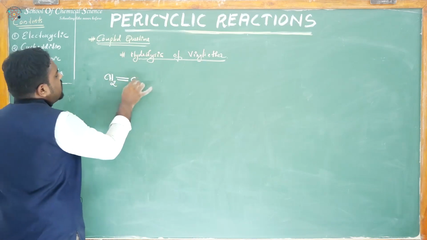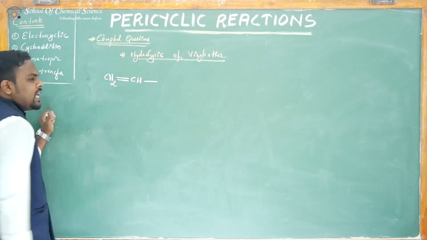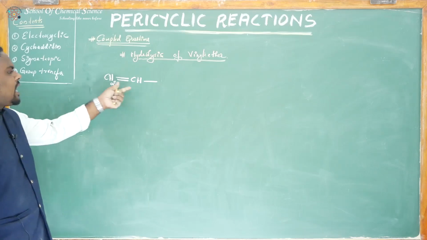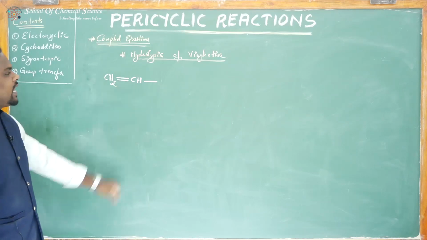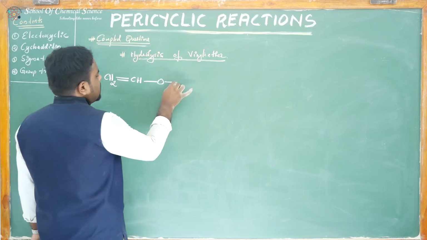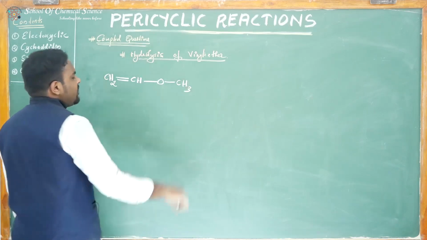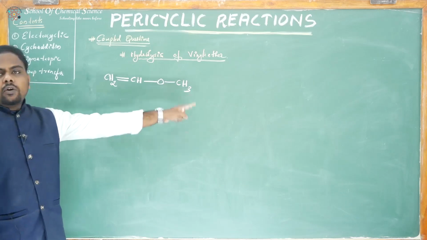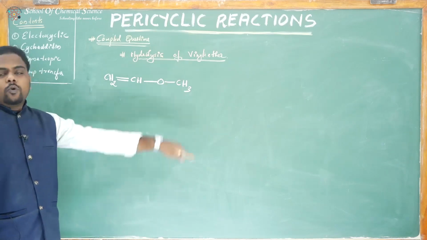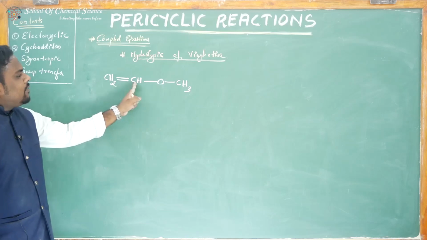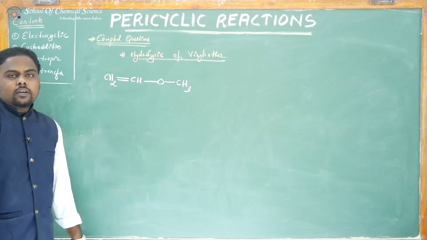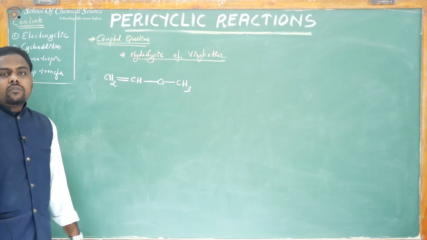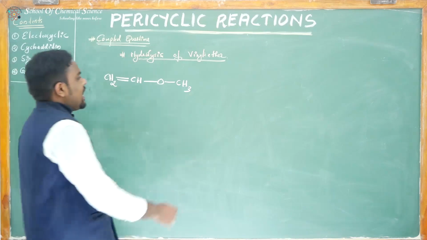CH2 double bond CH. This is the vinyl group. Here an ether, OCH3. So this is a vinylic ether: a carbon-carbon double bond followed by an OCH3 or an OR group is an example of vinylic ether.